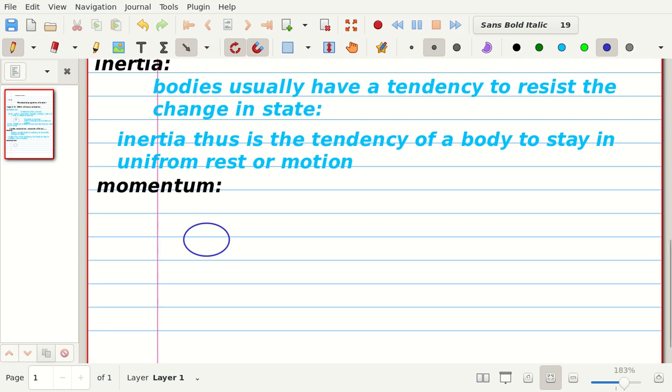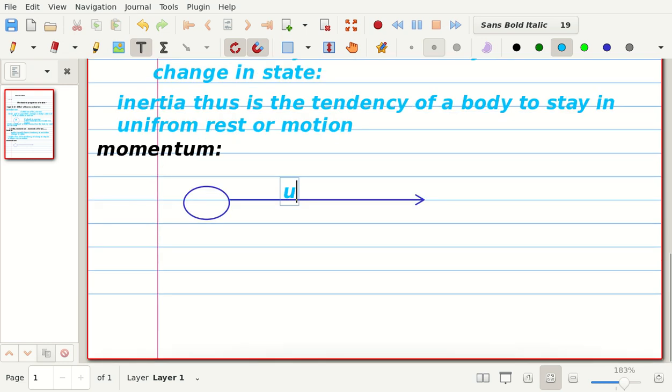I could draw an arrow and say it's moving this side with a speed u. Then we have a point A.